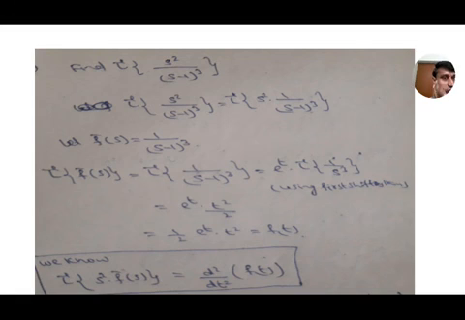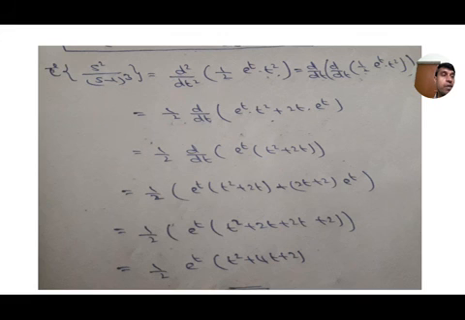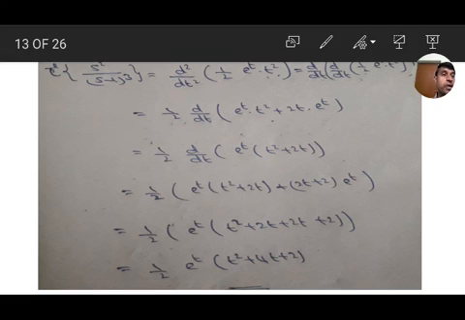By using the first shifting theorem, we get e to the power of t into L inverse of 1 by s cube, that is e to the power of t into t square by 2, that is 1 by 2 coefficient into e to the power of t into t square, that is f of t. And the formula L inverse of s square into f bar s equals d square by dt square of f of t means taking the derivative of f of t 2 times, u into v.